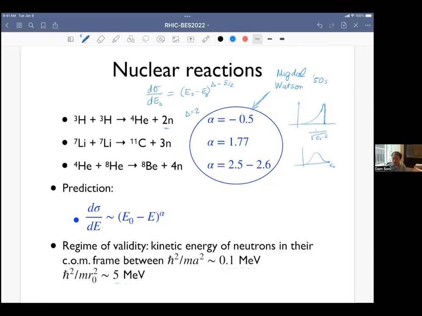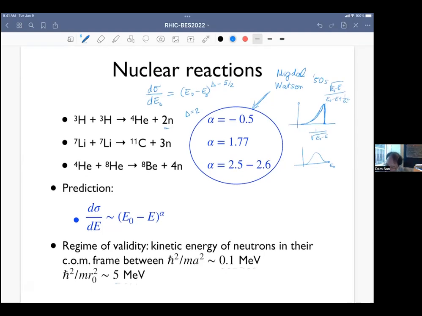Yeah. Actually, they did more than just derive the 1 over square root. One can actually go all the way to the threshold. So the behavior is something like square root of E0 minus E divided by E0 minus E plus 1 over A squared, some formula that in the limit when A goes to infinity would be 1 over square root.